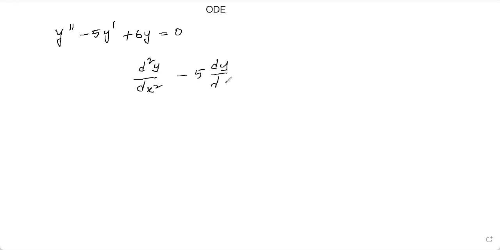So let us solve y double dash minus 5y dash plus 6y is equal to 0. Which is nothing but d square y by dx square minus 5 dy by dx plus 6y is equal to 0.